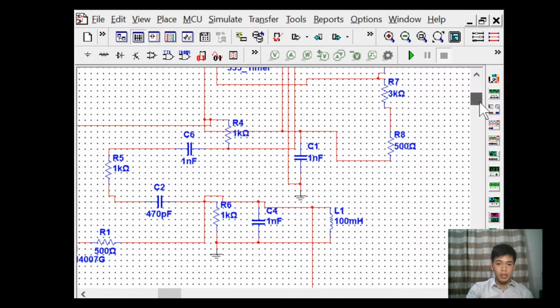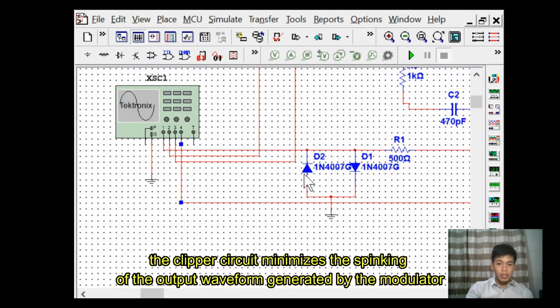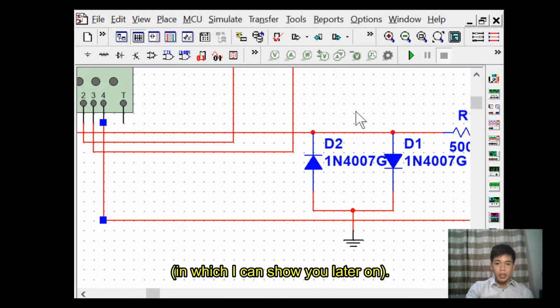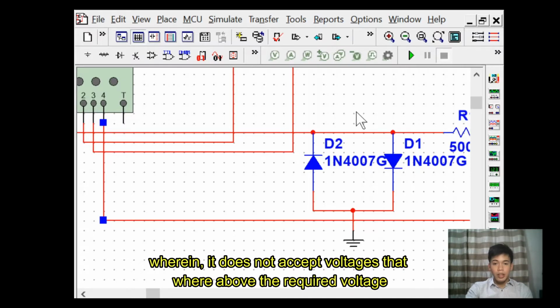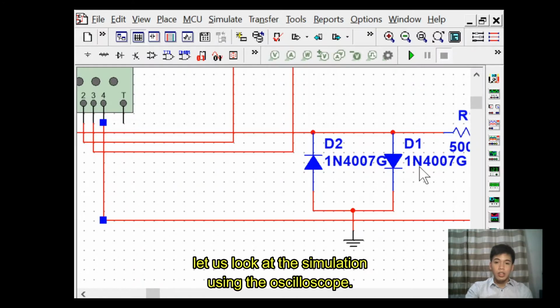And here, the clipper circuit minimizes the spiking of the output waveform generated by the modulator, which I can show you later on. It sets a specific voltage required, wherein it does not accept voltages that are above the required voltage configured to the clipper circuit. Now, let us look at the simulation using the oscilloscope.